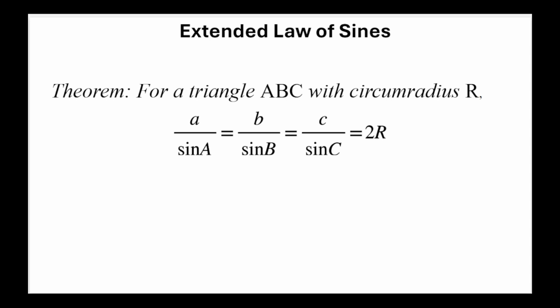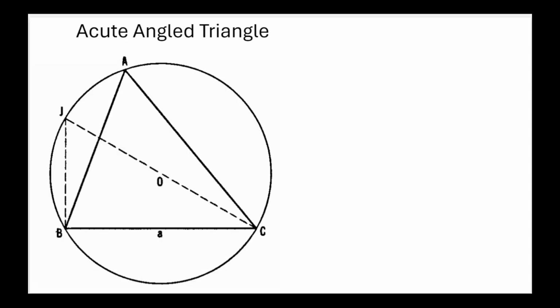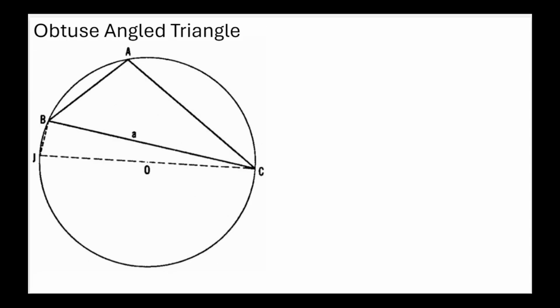Generally, there are three types of triangle. The first one is the acute angle triangle, in which each angle of the triangle is less than 90 degrees, hence the name. Another one is the obtuse angle triangle, in which one of the angles is greater than 90 degrees.